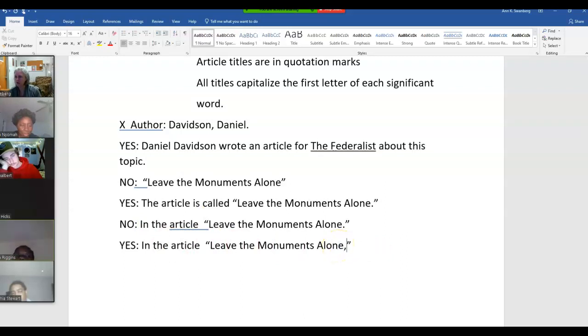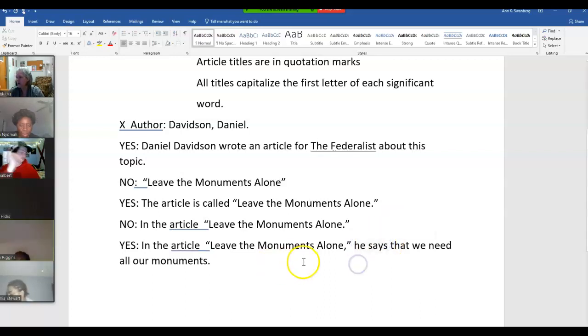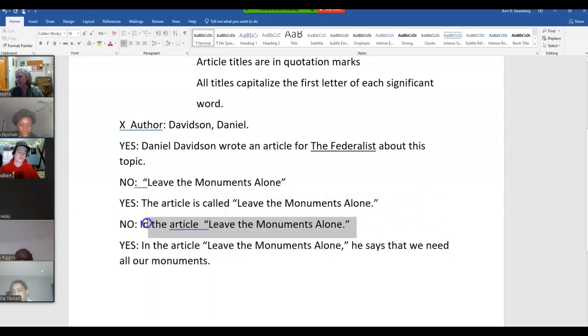And we change this to a comma, and then we say, he says that we need all our monuments. Okay? So now we have a subject and a verb and a predicate. We have something more than just this half a sentence.